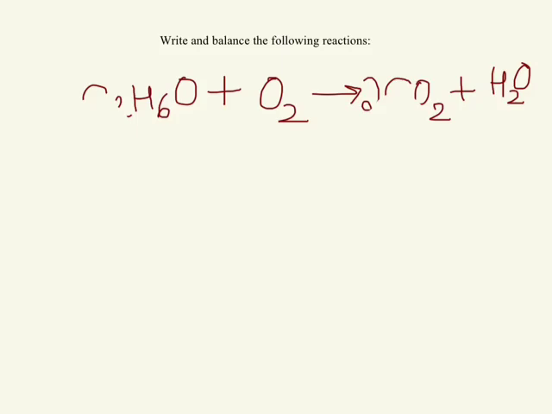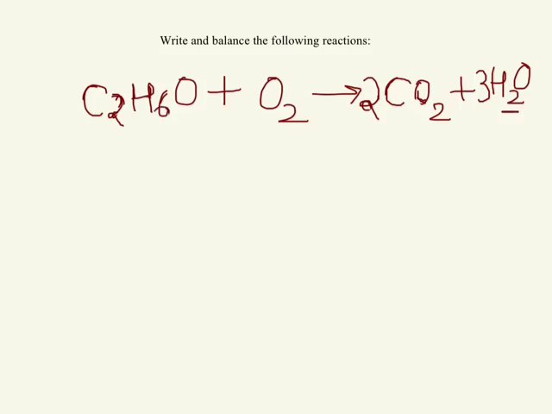Let's look at hydrogen now. So here 6 hydrogens on this side and 2 hydrogens on this side. So how can you make hydrogens equal? If I put 3 here as a coefficient, then 3 times 2 is 6. So hydrogen is balanced. Now let's do oxygen. How many oxygens are on the right side? Let me erase the rest of the part so that you can see it clearly.